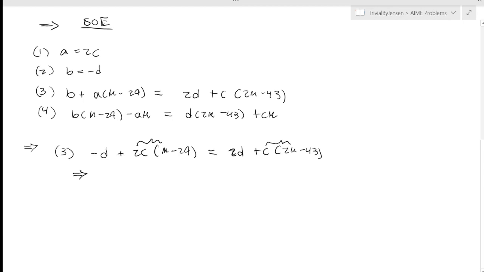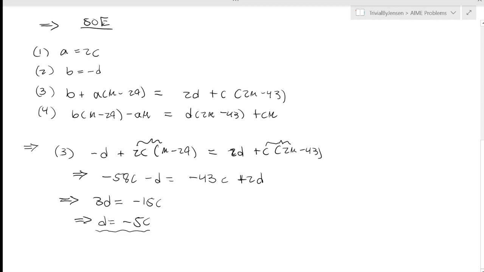And then we're going to have negative 58c minus d equals negative 43c plus 2d. Okay, that gives us 3d is equal to negative 15c, which means d is equal to negative 5c. All right, that's a very nice result.